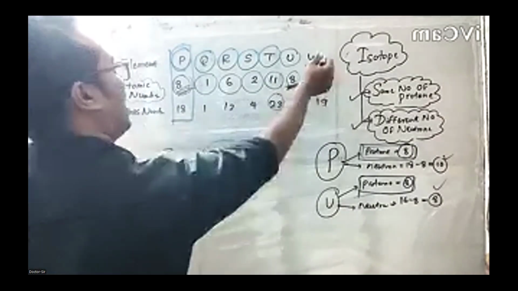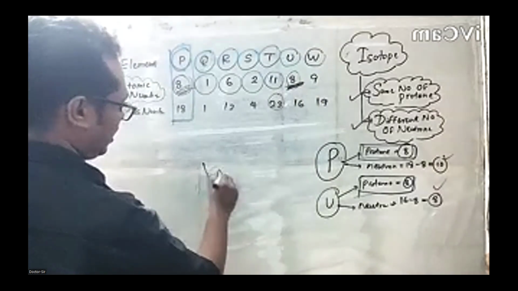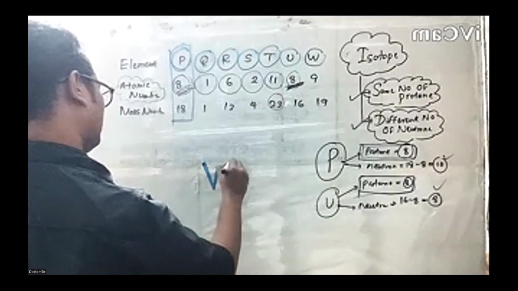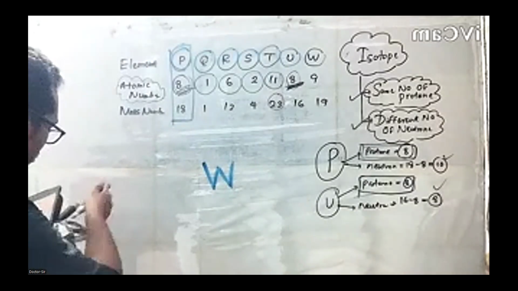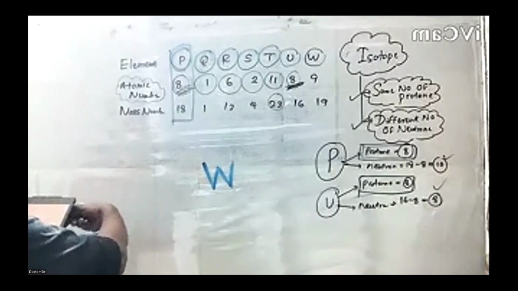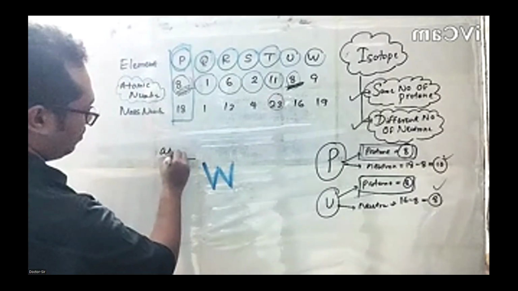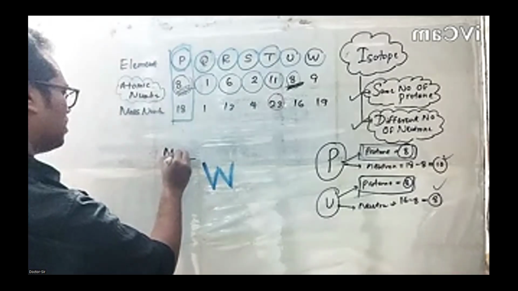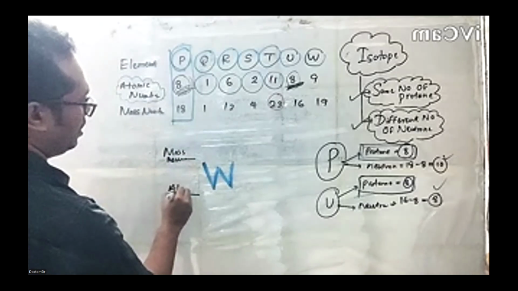W, standard way, right? This is something we should learn: the standard way of writing the symbol, how we represent the element. First we have to draw the symbol of the element; symbol means W. Above we write the mass number, and below we represent the atomic number.